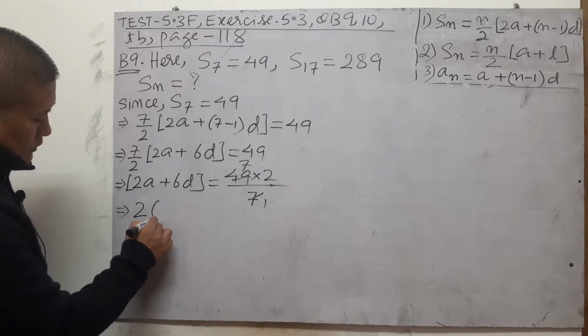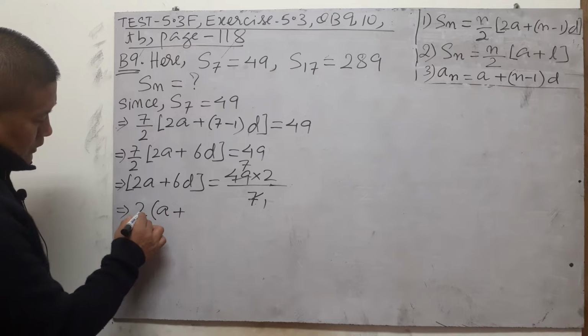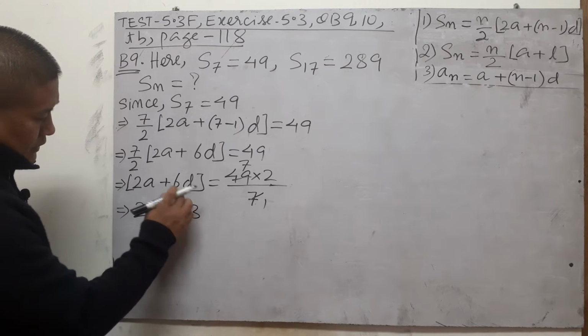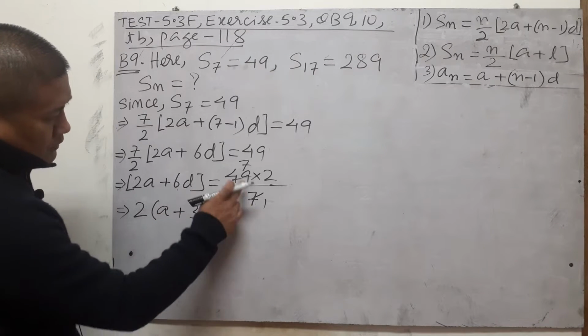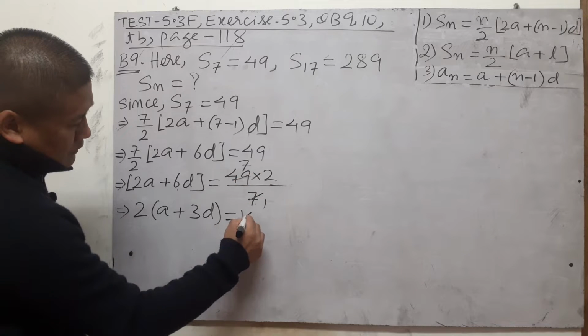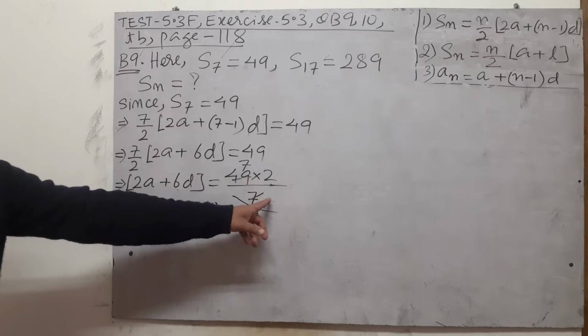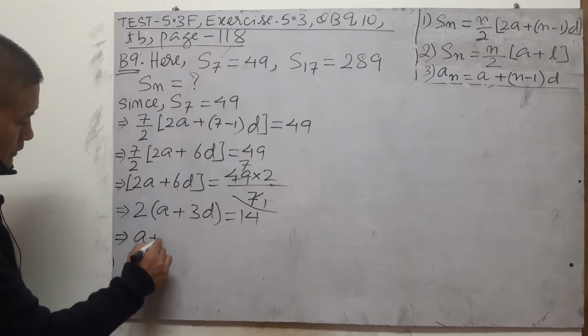2 into 2 is taken out, then inside will be a plus 3, since 2 3s are 6, and d, close the bracket, is equal to 7 2s are 14. So 7 2s are 14 by 1 means 14 only. So a plus 3d.